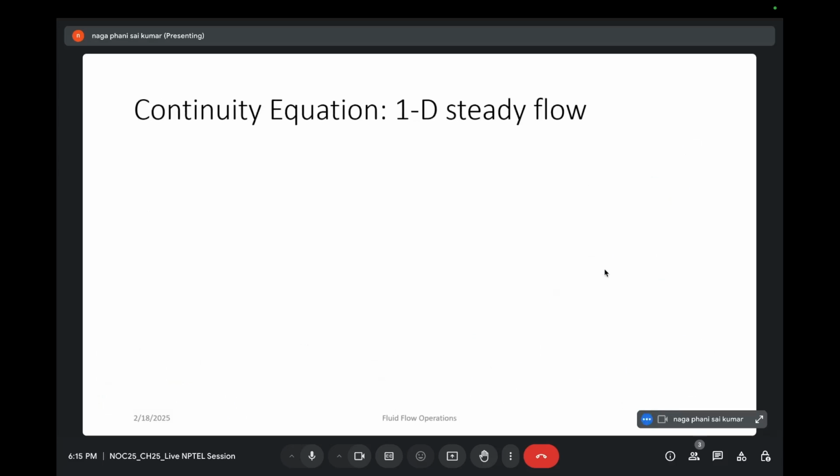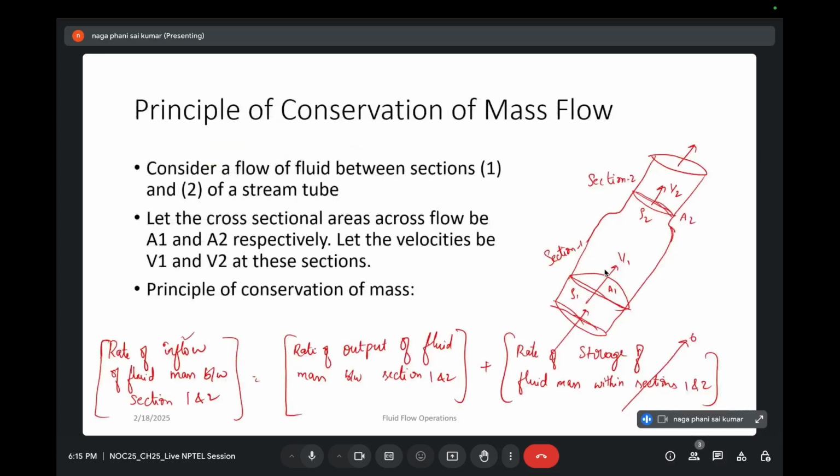Basically the rate of storage will be zero at steady state conditions. That means rate of input will be equal to rate of output.